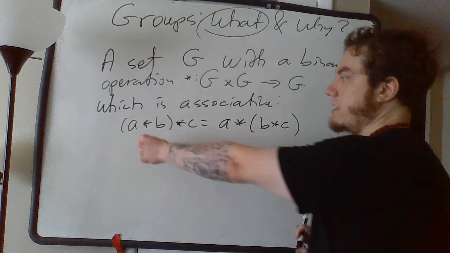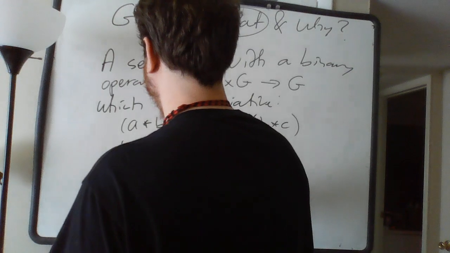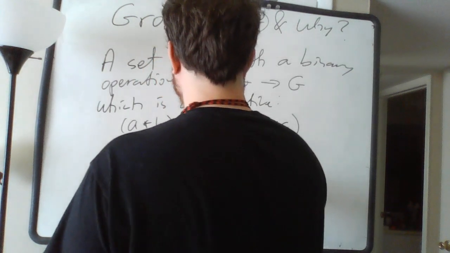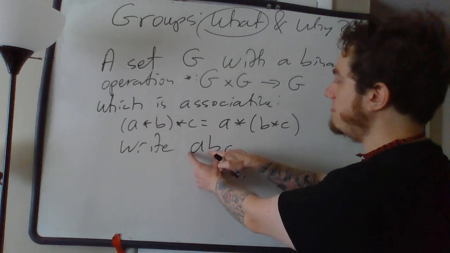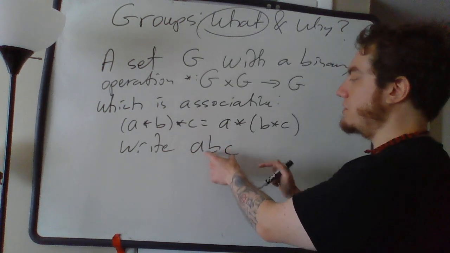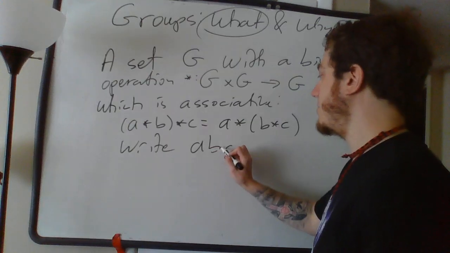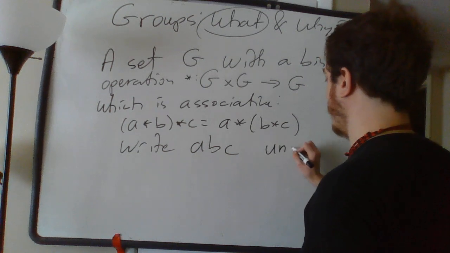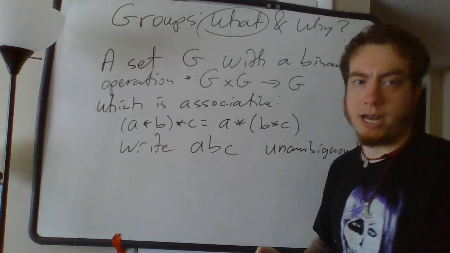And this is why we can drop the operation and just write ABC, and this is unambiguous, because the point is, it doesn't matter if we do the operation between A and B first, or if we do the operation between B and C first, we will get the same answer either way. So we can write this unambiguously.